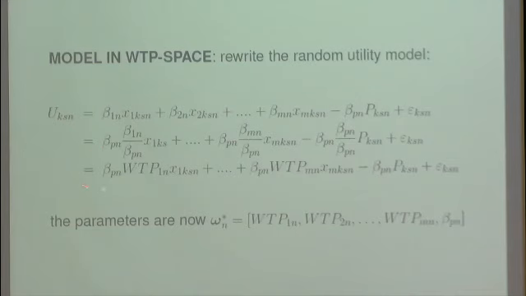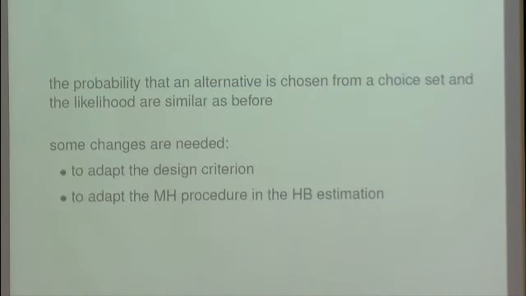And then we can follow the same logic as before. Look for individualized designs that are optimal for estimating the individual willingness to pay parameters. And from these then derive the distribution function of the willingness to pay. I will not go through the methodology again. The main changes are in the design criterion that has to be changed a little bit, and in the hierarchical Bayes estimation.